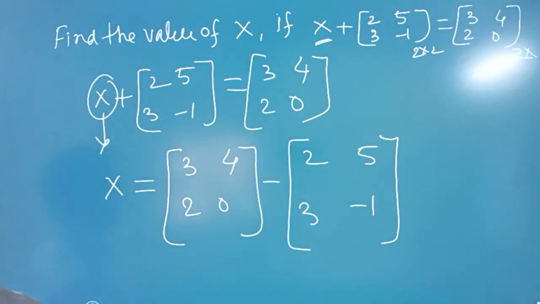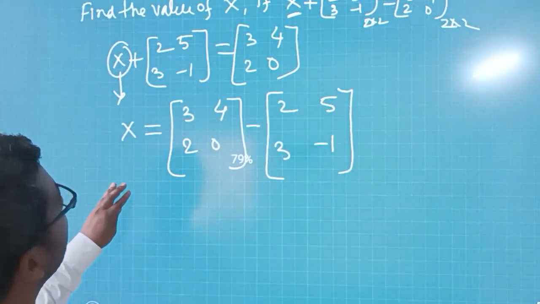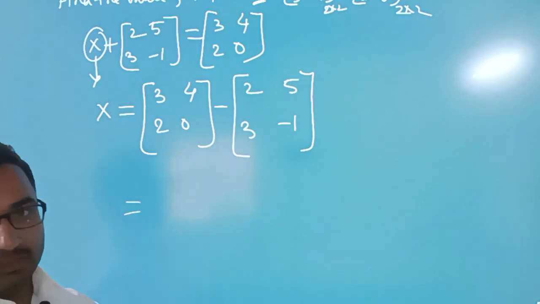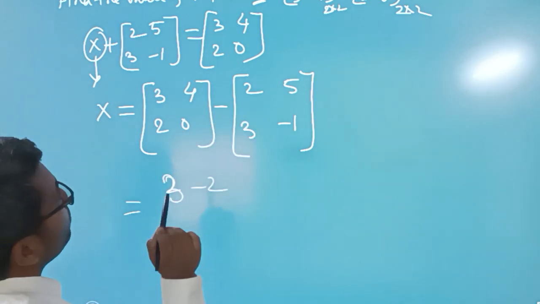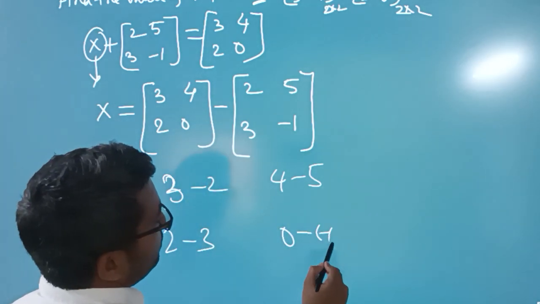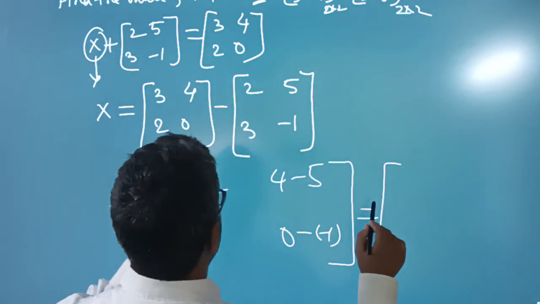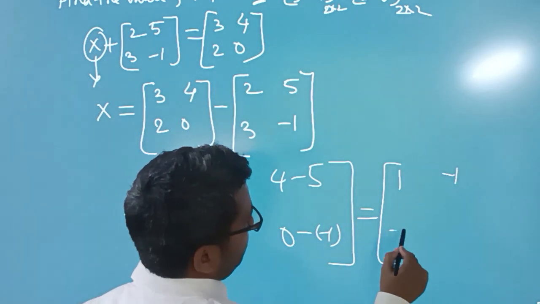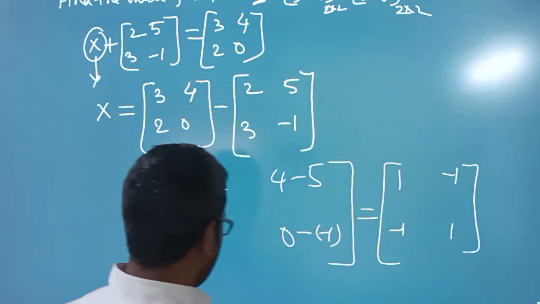That is the difference of the matrices. We calculate x as per the definition of subtraction of two matrices: 3 minus 2 is 1, 2 minus 5 is minus 3, 4 minus 3 is 1, 0 minus minus 1 is 1.